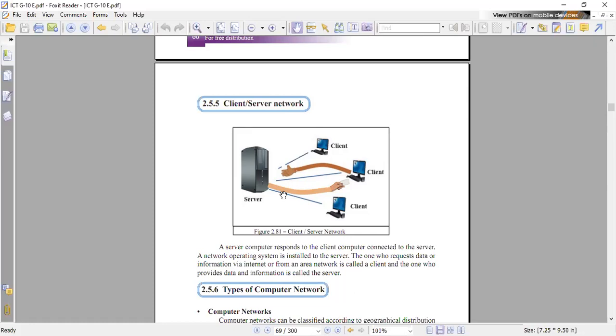And those who provide information to the client computers are known as server computers.